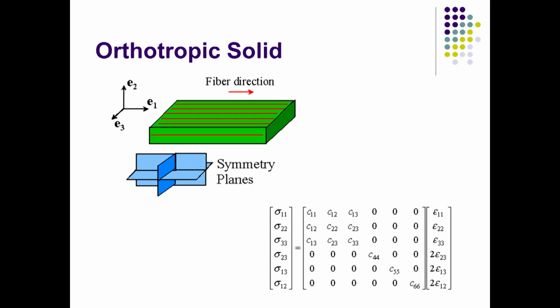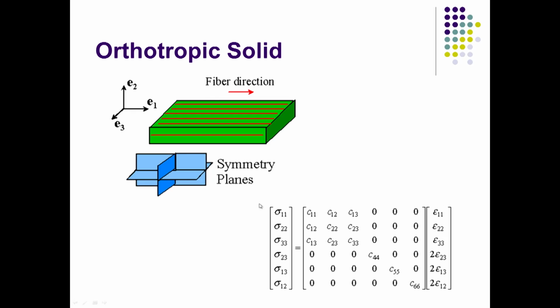Now, you can also have solids which are orthotropic, that means we have symmetric planes. So, in the x direction there is a symmetry, or in the y direction there is a symmetry, and you will see that symmetry becomes very important in terms of elastic constants, because that can reduce your number of elastic constants. For example, a cubic crystal has a symmetry in all 3 directions because it is a cube.